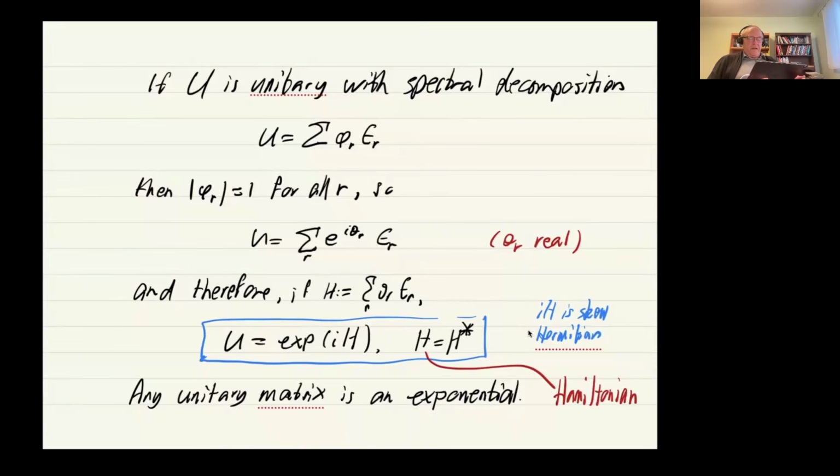Now, if you've had a course in classical mechanics, this has some meaning, but if you're like me and haven't, then maybe it doesn't. But it is called the Hamiltonian. So every unitary can be written in the form exp(iH), and in that case, the physicist would be referring to H as the Hamiltonian for the system. But we're getting that every unitary matrix is an exponential.